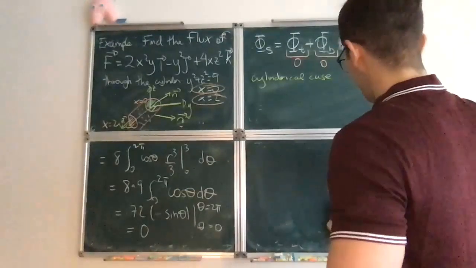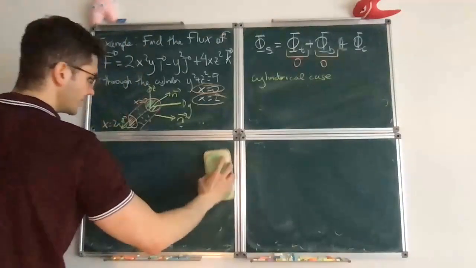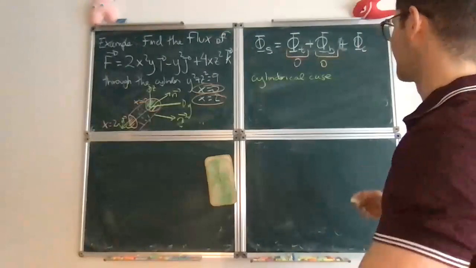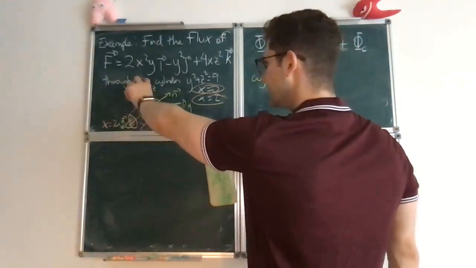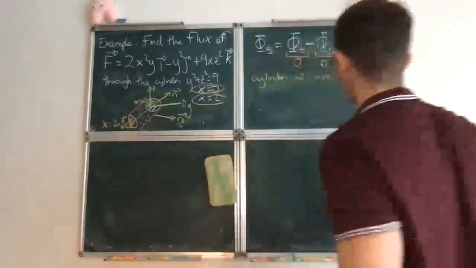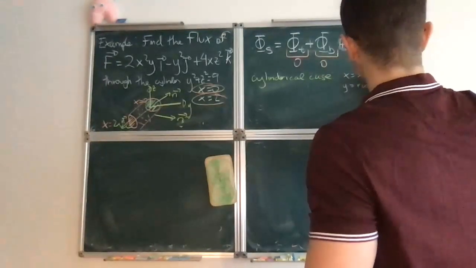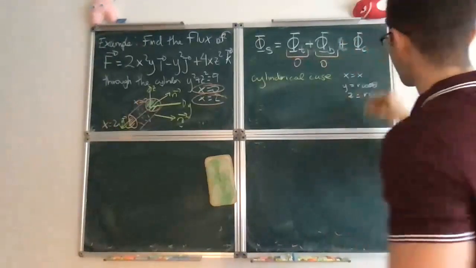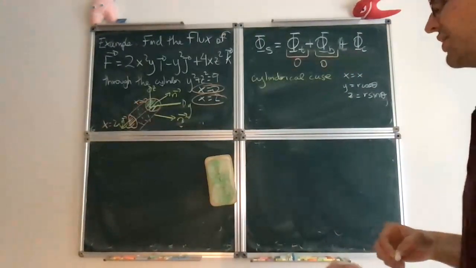So in order to find that formula, we have to parameterize first that piece of the cylinder. As I was saying, we want to use polar coordinates or cylindrical coordinates. But now x is playing the role of z, because we have reversed a little bit what's going on. So x is x, y is r cosine of theta, and z equals r sine of theta. So notice I'm doing cylindrical coordinates, but with the roles of the variables interchanged a little bit.